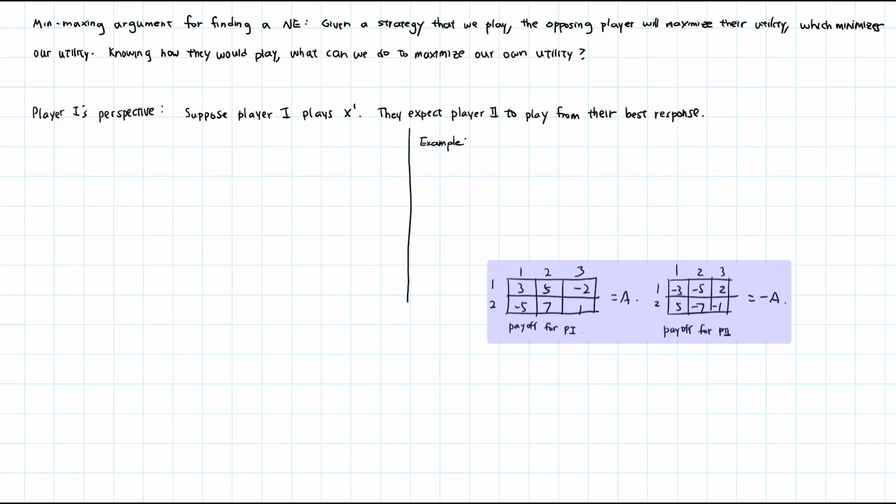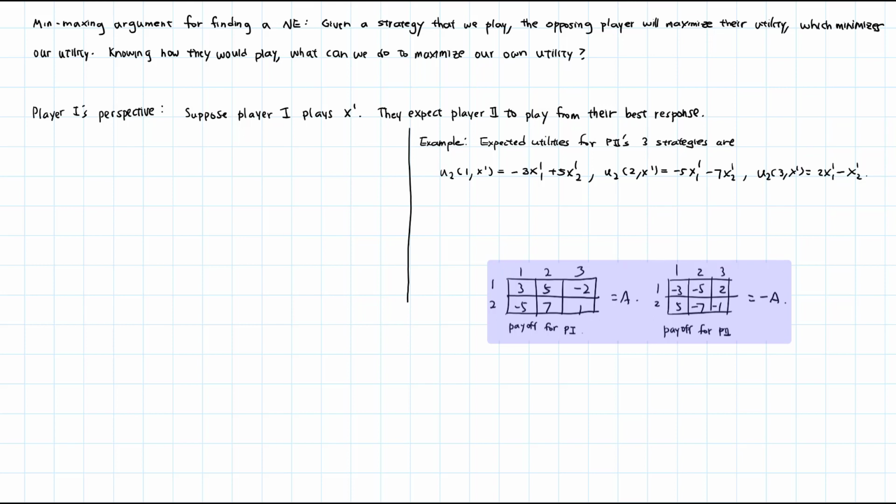In our example, the expected utility for player 2 for playing 1 is minus 3x11 plus 5x21. The expected utilities for player 2 for playing other pure strategies are listed here.